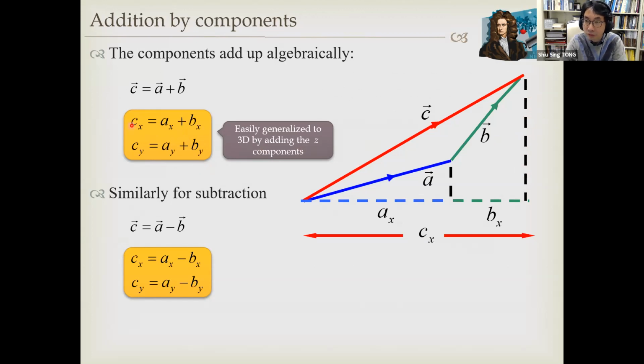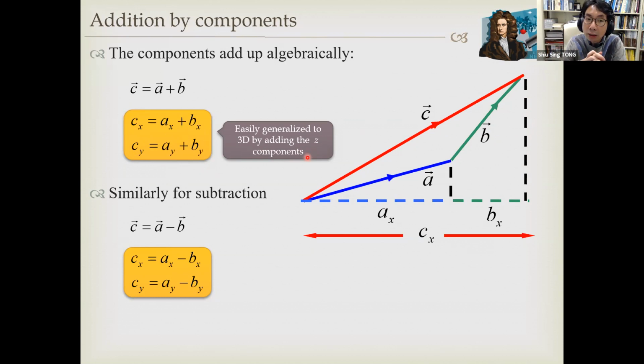In order to find the x component of the resultant, you simply add up the x components of the two vectors. To find the y component, you simply add up the y components of the two vectors. And this can actually be generalized into 3 dimensions. If you are now talking about vectors in 3 dimensions, you have the z component, right?